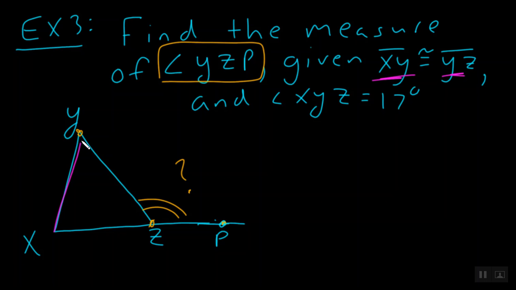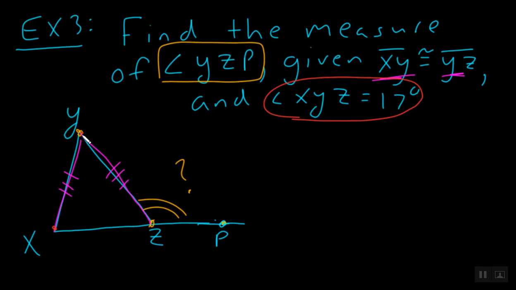So let's see, here's XY, here's YZ. And if they're congruent, we can draw an equivalent amount of tick marks to show that they are congruent. Now this also implies, since there's 2 out of 3 sides that are congruent, that this must be an isosceles triangle. And lastly, the very last thing we know is that angle XYZ is equal to 17 degrees.